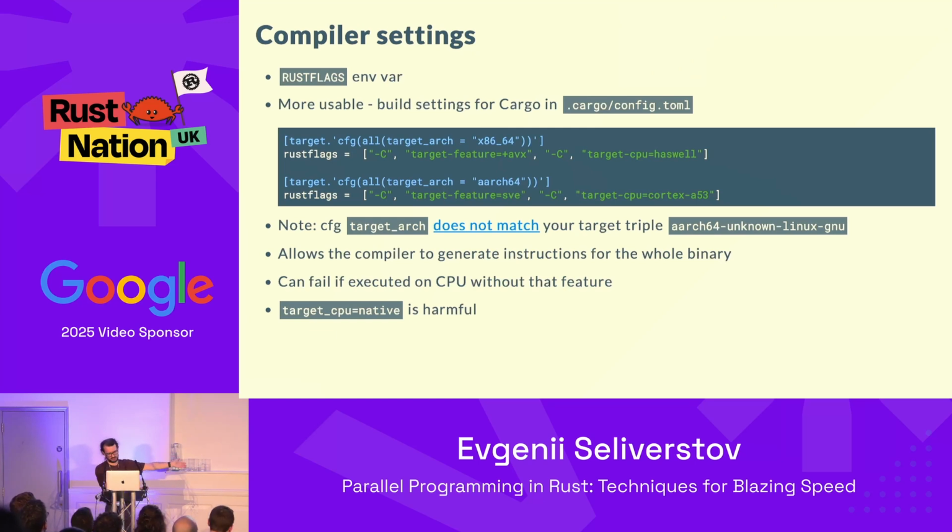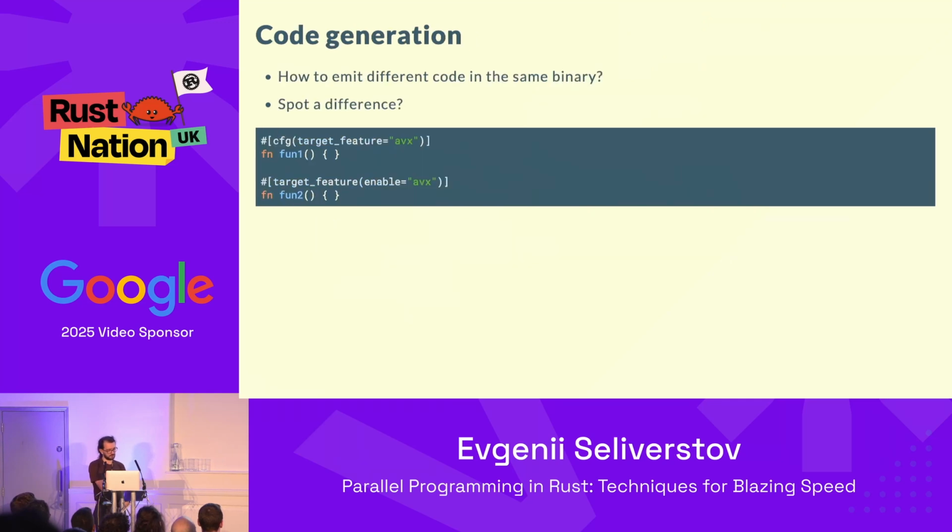Next, if you want to actually specify for which architecture we generate code, we use target_arch, yeah? And we say, okay, we'll compile this program for the AVX feature and for a specific CPU. Usually you want to use the feature, because a specific CPU is quite difficult to specify, since you can run on AMD or whatever you want. And target-cpu=native is harmful, don't use it. So can you spot the difference between the two of them? They're quite similar.